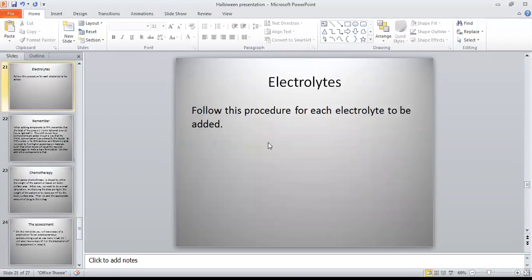Follow this procedure for each electrolyte to be added. For instance, you'll be adding sodium chloride at some point. You may be doing that, although that's not called for in this particular lab. You would look up sodium chloride, hunt for something that gives us the right concentration.